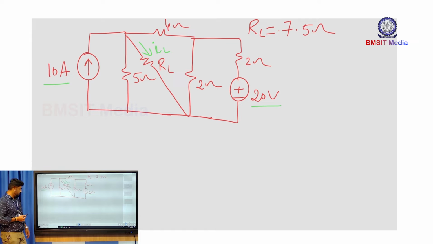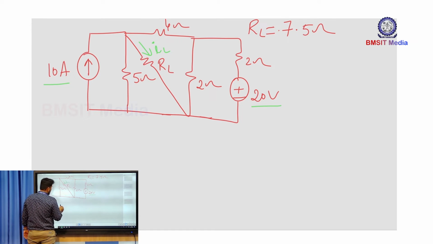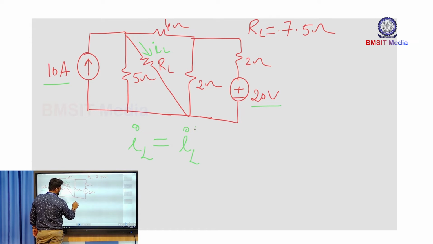Now you can consider, in step 1, I'll just write down, the total response IL is equal to IL dash plus IL double dash.